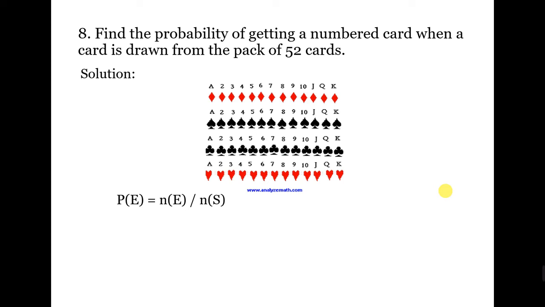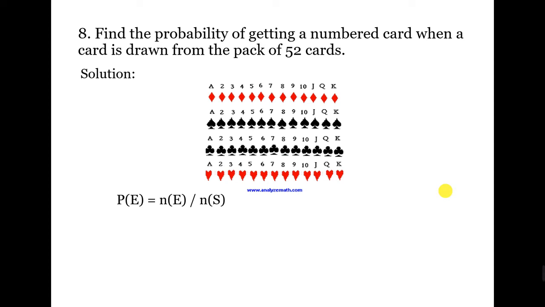For example number 8, find the probability of getting a numbered card when a card is drawn from the pack of 52 cards. In this example, we're looking for numbered cards among 52 cards. The formula that we are going to use is classical probability.